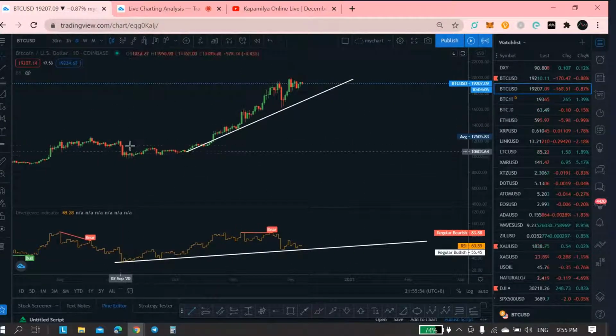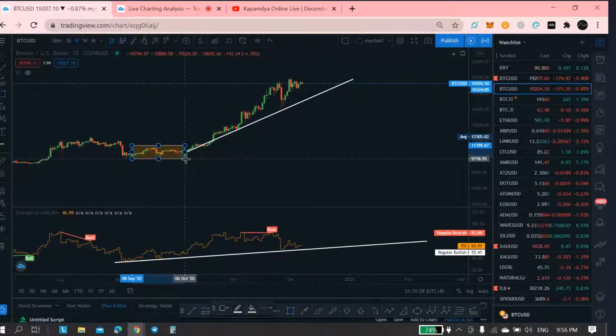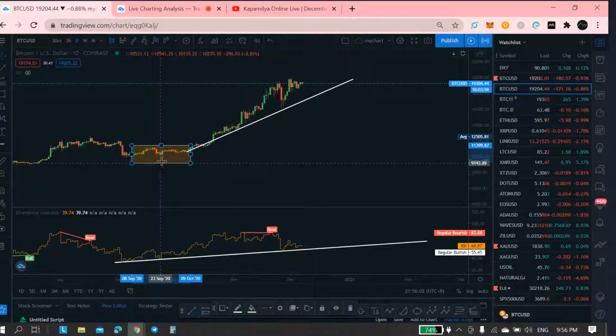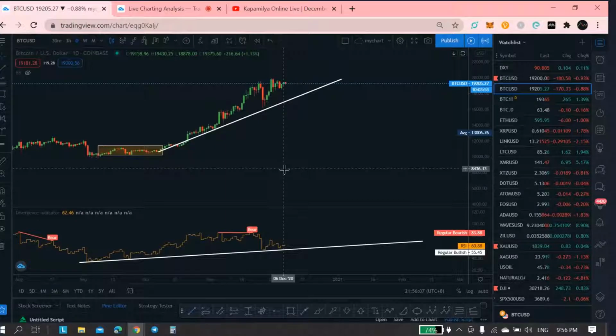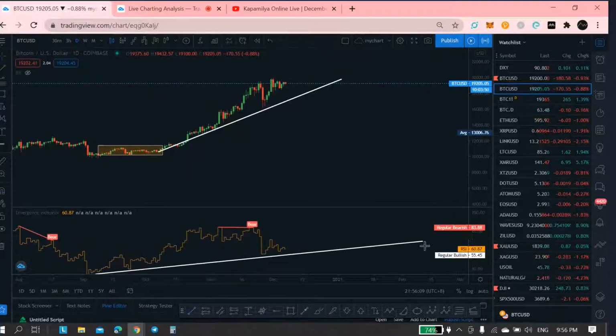because this one is a consolidation phase here, or just a trendless area. So if this holds within this previous divergence indicator area of around 55, possibly we can see an upside here on the price.